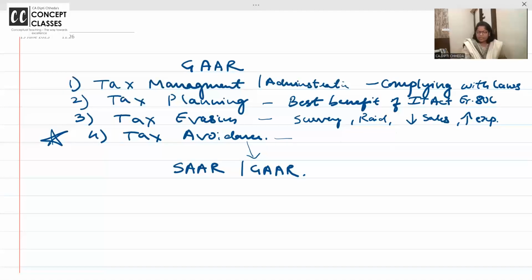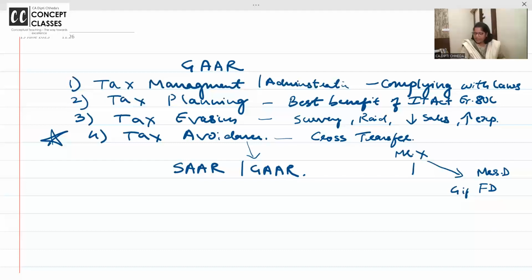Have you studied cross transfers in clubbing and in your inter? Husband Mr. X gives something to Mrs. X, then it will become taxable. तो Mr. X क्या करते हैं, उनका दोस्त है Mr. D, उनके वाइफ को FD गिफ्ट करते हैं, कितने की, 5 lakhs की. और Mr. D क्या करते हैं, Mrs. X को, या उनका बेटा है, कोई भी है, in their name he has gifted or transferred some property जिसका rental income is coming 5 lakh.